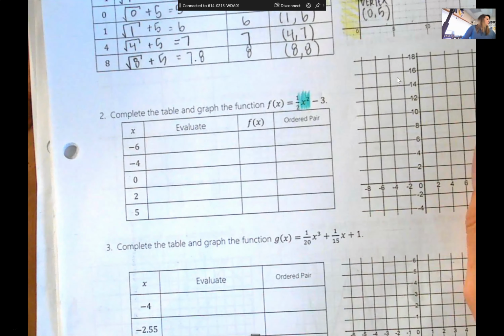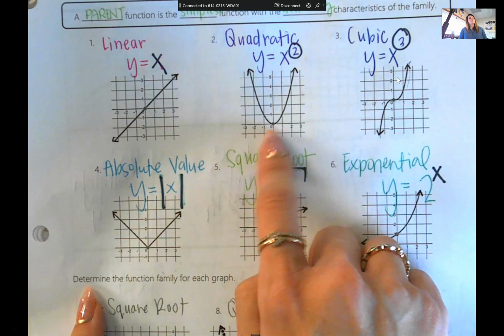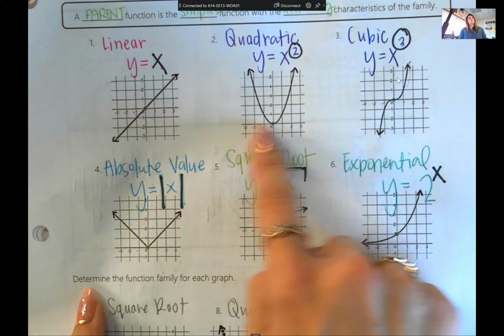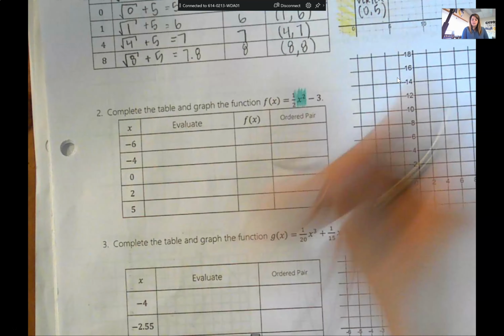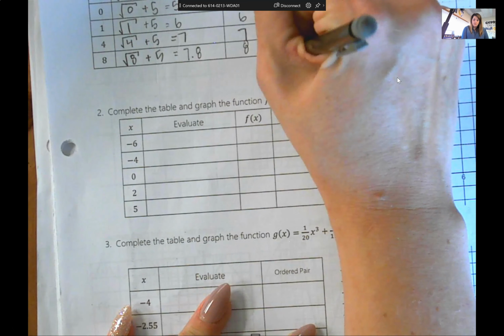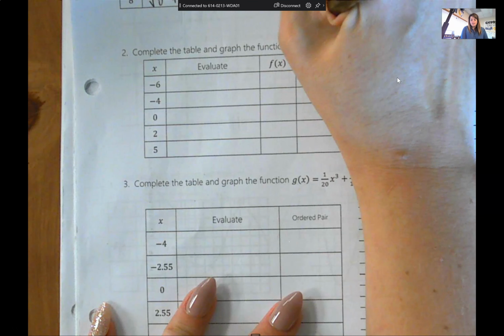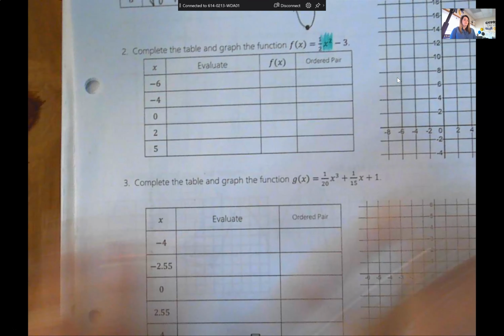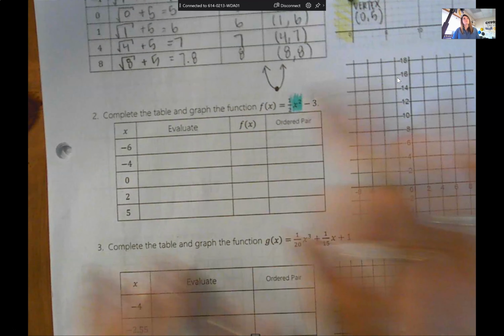So if I want to remind myself what this looks like, it is going to be a U. I can write right next to this problem that this is going to be a U. And the vertex for a parabola is the bottom point.